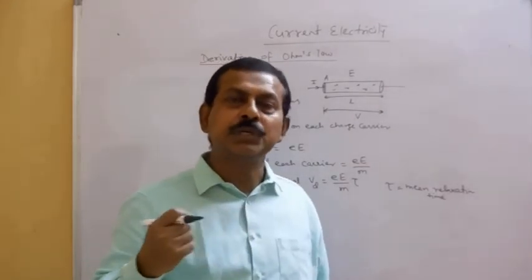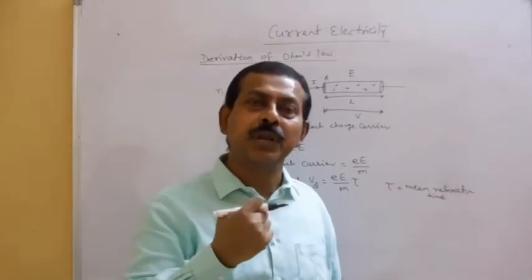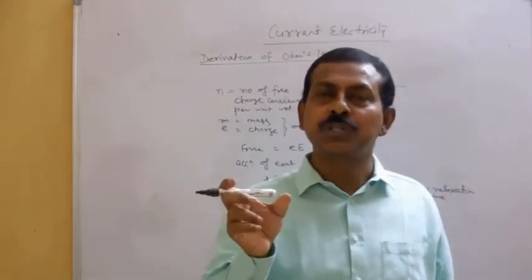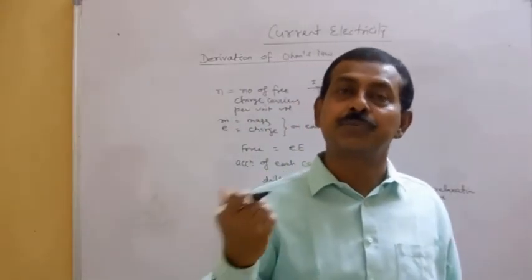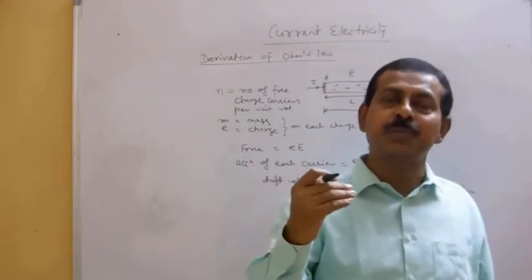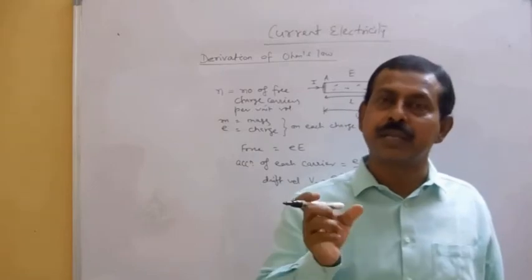That means during their movement, they will be colliding with other electrons, they will be colliding with the ionic core, but still due to the potential difference applied, that is the electric field set up, they will always try to move in a specific direction, that is the direction set up by the electric field.